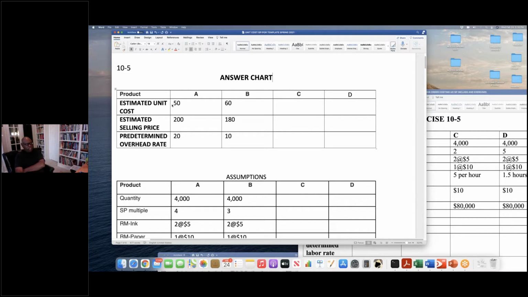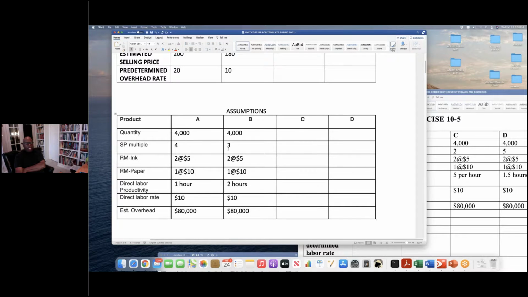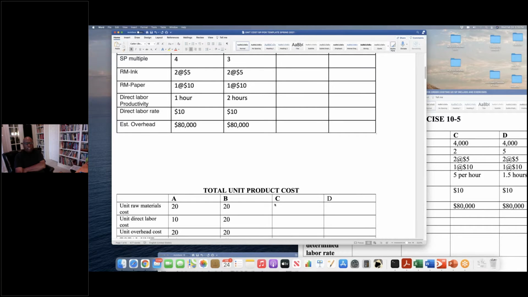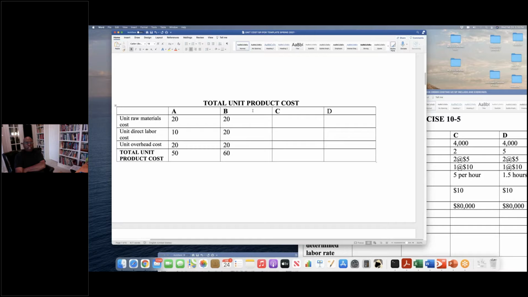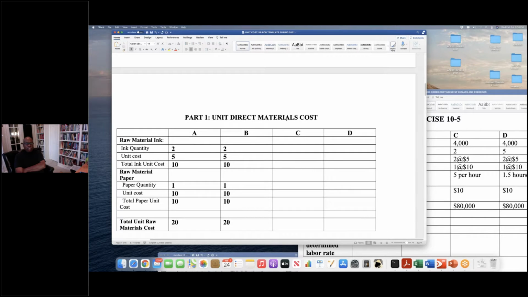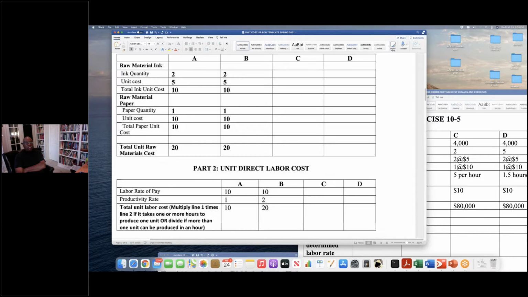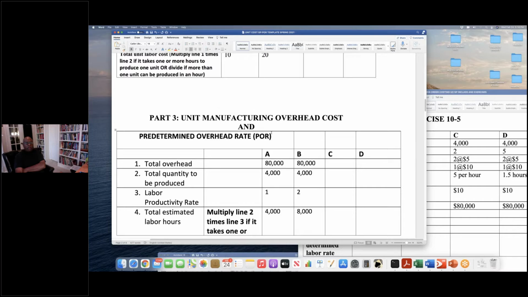We're trying to find three things: unit cost, selling price, and predetermined overhead rate. These are the assumptions. Then this is the total unit product cost chart, and those items come from part 1, direct materials cost, part 2, direct labor cost, and part 3, unit manufacturing overhead costs.